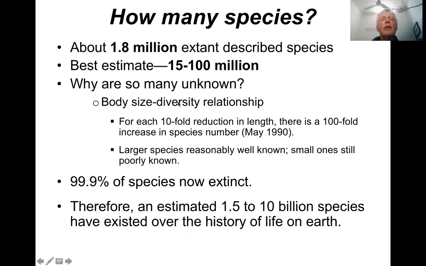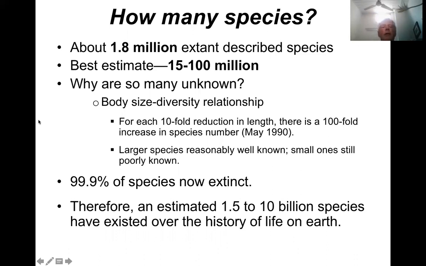And the reason for this is that there is a very strong relationship between species diversity and body size. Most of the species on Earth, whether they be microbes, whether they be plants, or whether they be animals, are little.